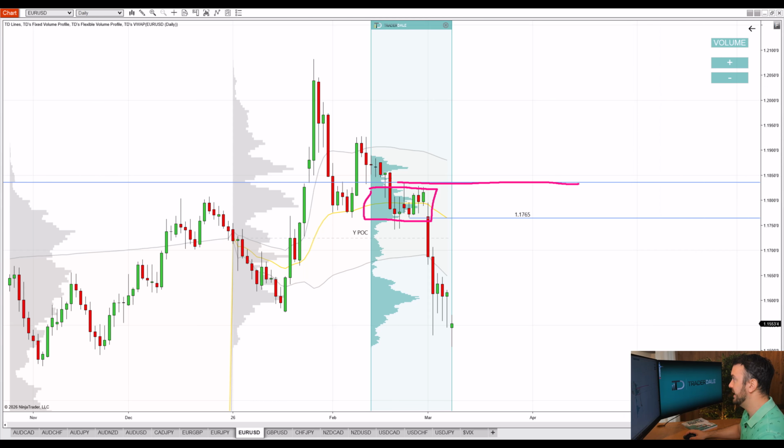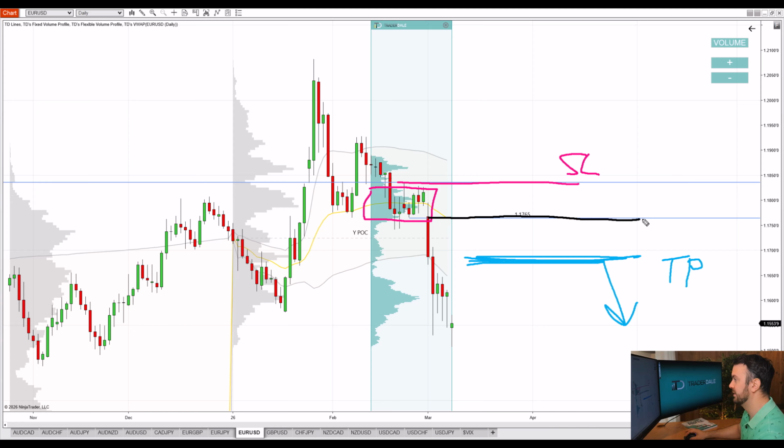And take profit should be at least with risk reward 1, so at least somewhere in here. Ideally more than risk reward 1, but this is the minimum. Okay, so this is the stop loss, this is the minimal take profit, and here is the trade entry.